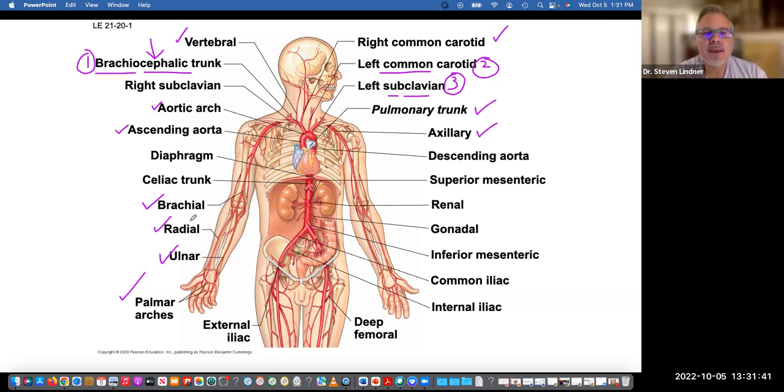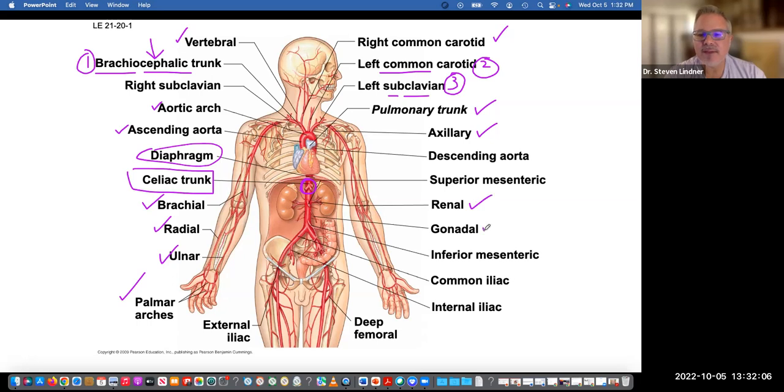Okay, here's the diaphragm. In the trunk, right here in the abdominal region, I should say, we have this celiac trunk right here, and that's really important. We'll focus on that too. Three blood vessels come off that celiac trunk. And in the abdominal region, going to the kidneys, we have the renal.